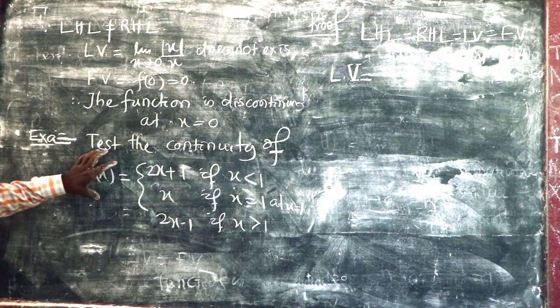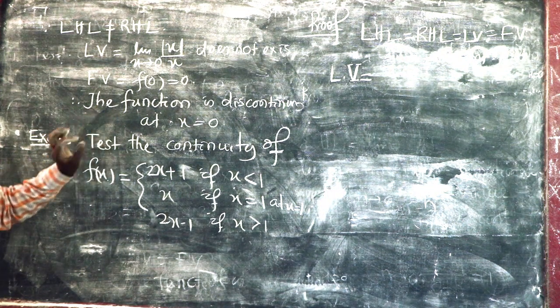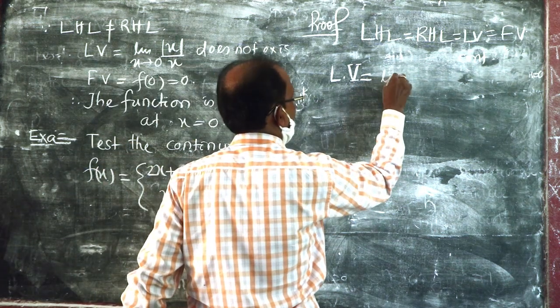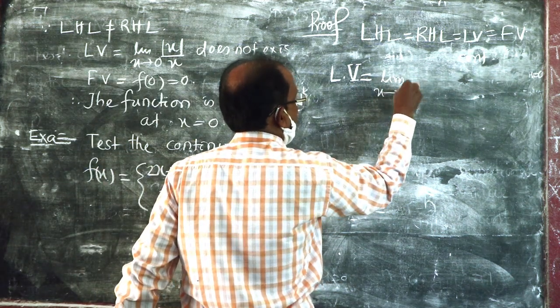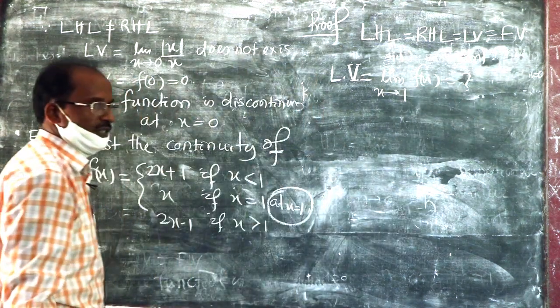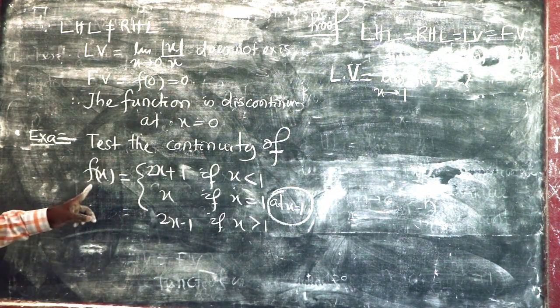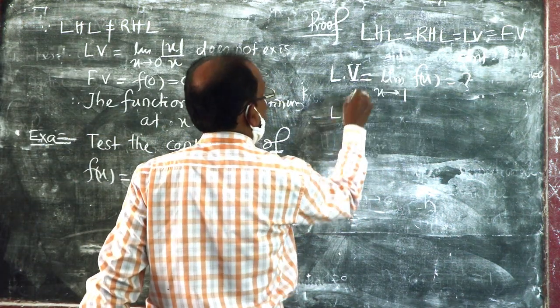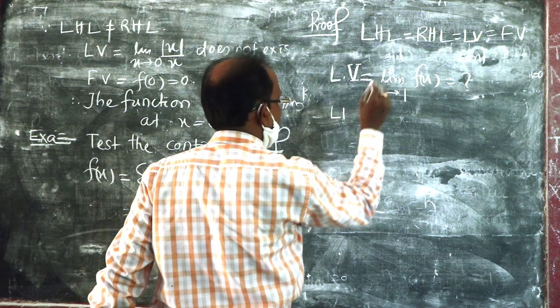The limiting value of this function as x tends to 1, where the function is f(x). In order to find the limiting value, we have to find the left hand limit and also the right hand limit.